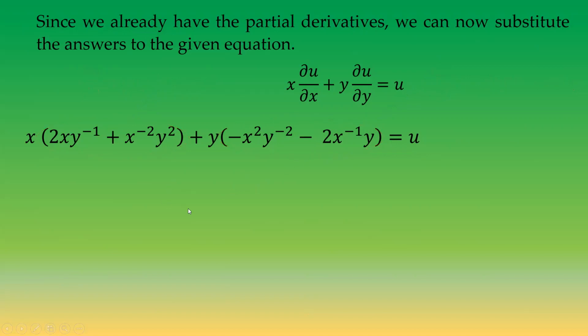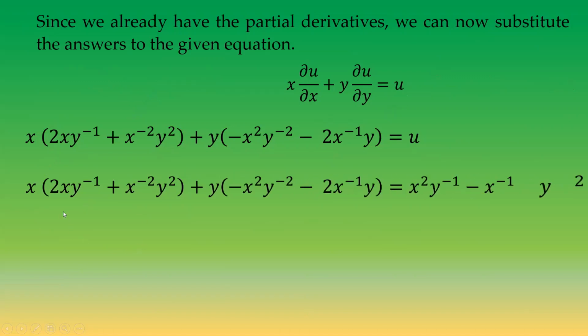Then, ayusin natin ang equation. Multiply lang. So, magiging x multiplied by the partial derivative plus y partial derivative equals u. So, ang u ay equal sa given kanina, x squared y raised to negative 1 minus x raised to negative 1 y squared. Yun ang katumbas ng u.